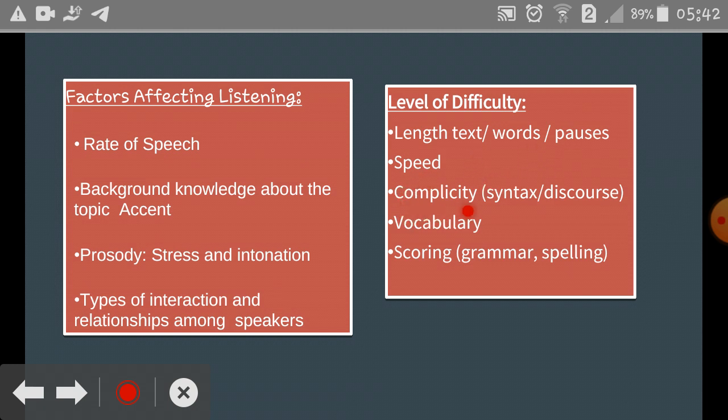And then complexity. Complexity means the sentences, the syntax, or the discourse, whether they use idioms or not. And then the vocabulary that they choose in the listening, and also scoring and grammar. Scoring listening comprehension is also a bit difficult, like writing and also speaking. But we can put in some criteria to score listening.